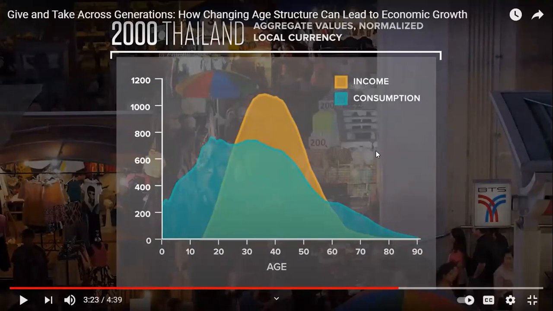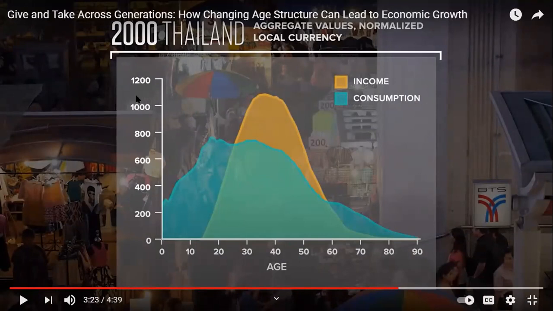Just to project a bit, this graph here shows the different stages in the history of Thailand, right? Particularly with respect to population.